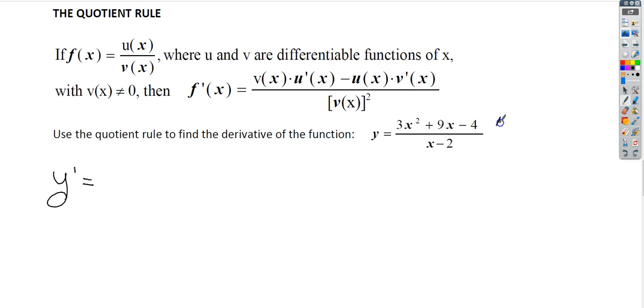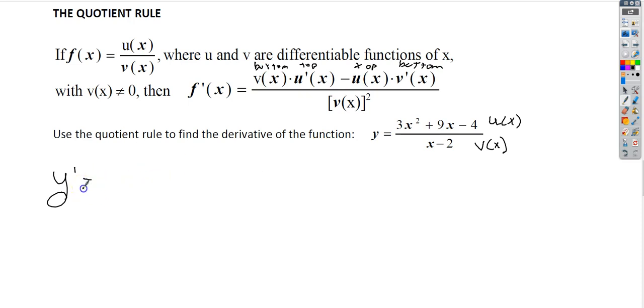So let's name the top u of x and let's name the bottom v of x. So this one says the bottom, the v of x, times the derivative of the first, the top. And then the top times the derivative of the bottom. So if you want to write that here, you can say bottom, top, top, bottom.